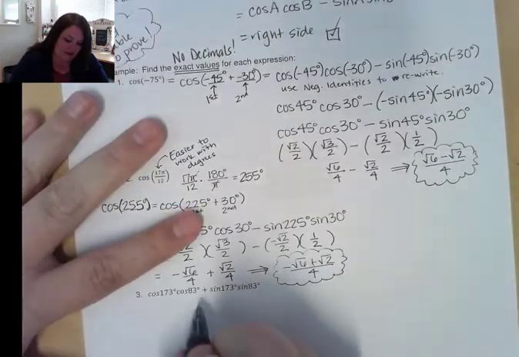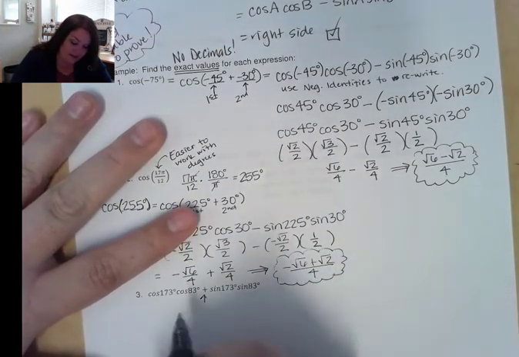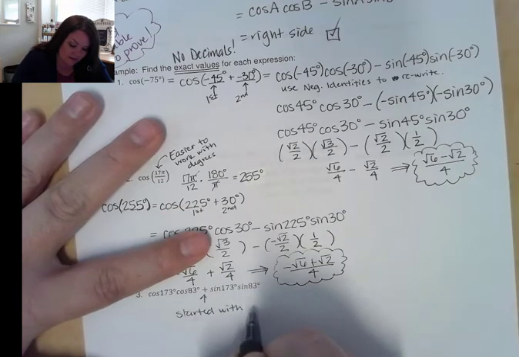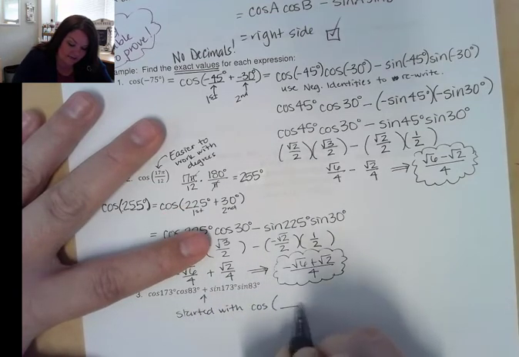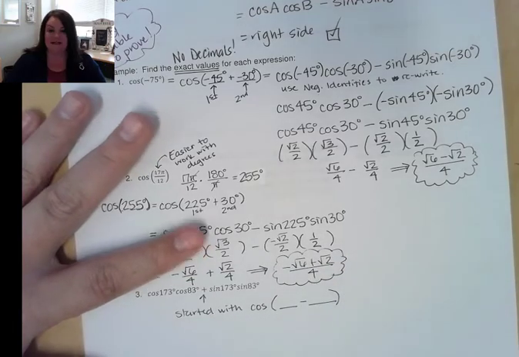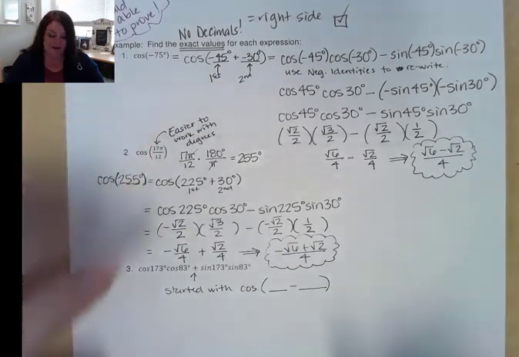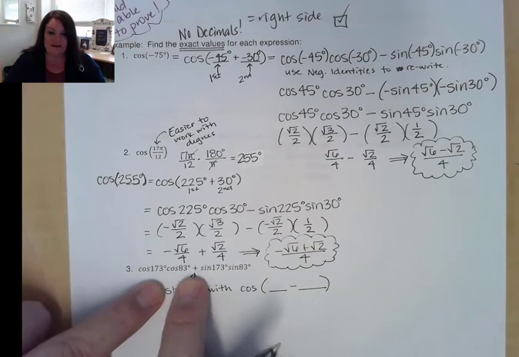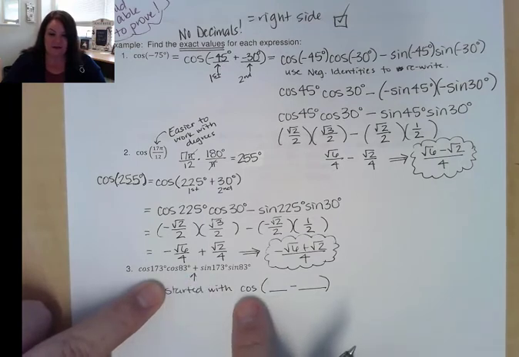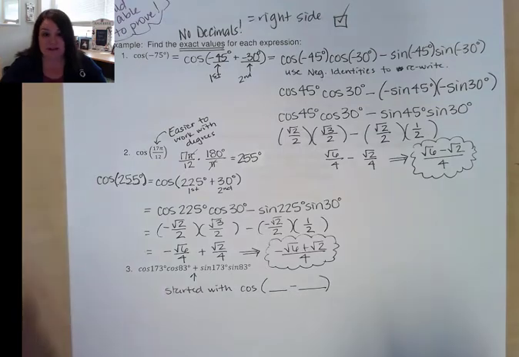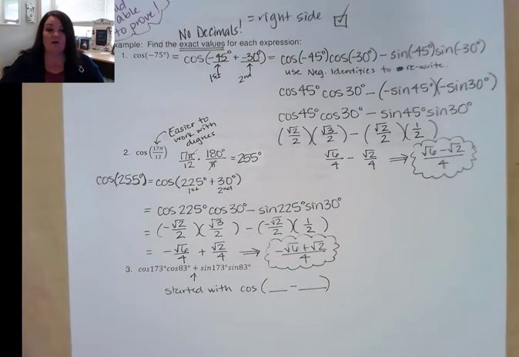So this addition right here tells me that I started with a cosine of something minus something identity, right? If I'm adding the two terms, then that meant I had a cosine identity where I had two angle values being subtracted. So I just have to figure out what my angle values are that are being subtracted.